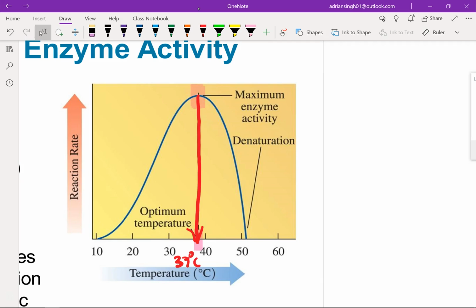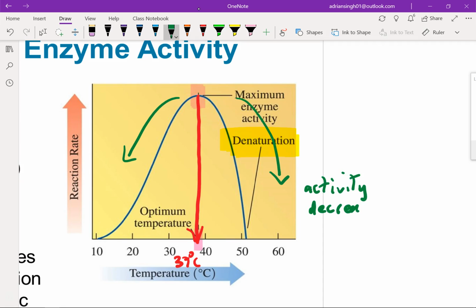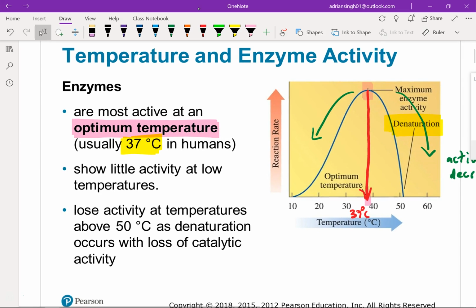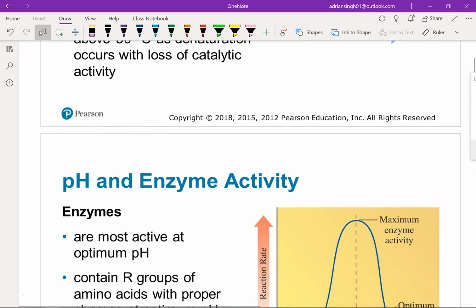As you start increasing the temperature, you start affecting now the shape of the enzyme, you start affecting the R group interactions, which would lead to the enzyme becoming denatured, and as a result, on either side of our peak here, the activity decreases. It becomes less effective, in other words.